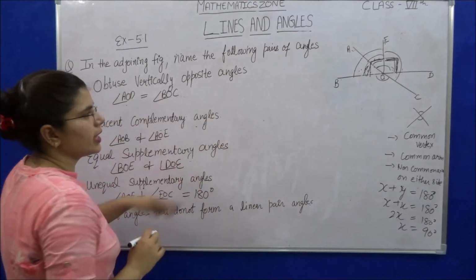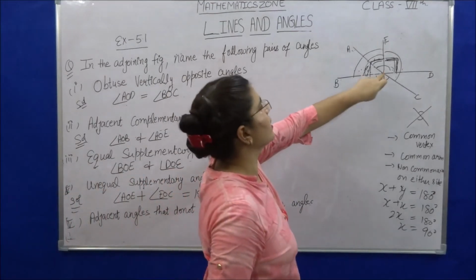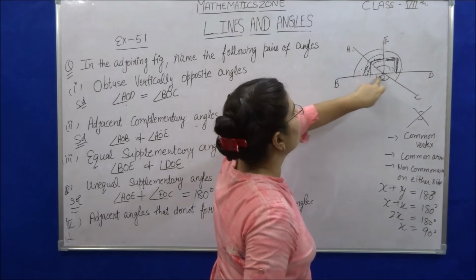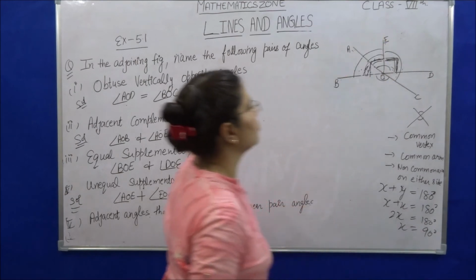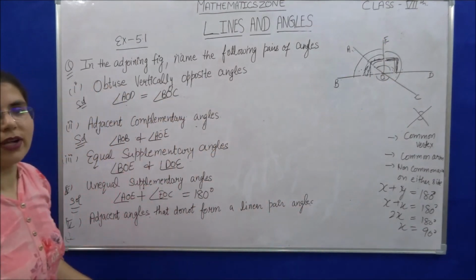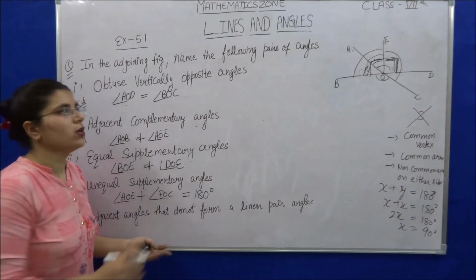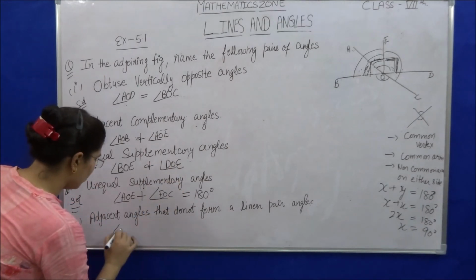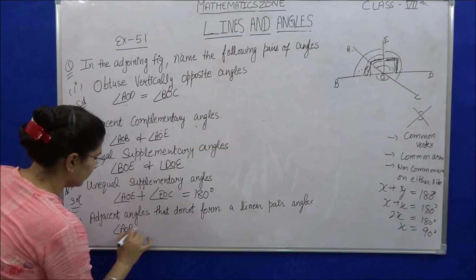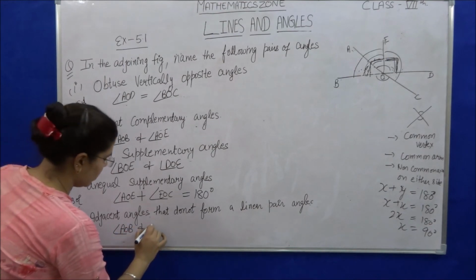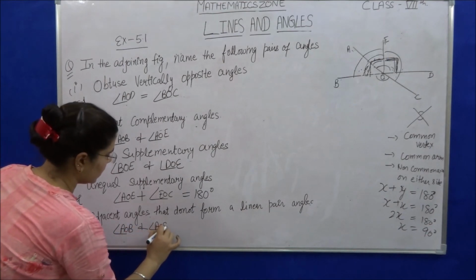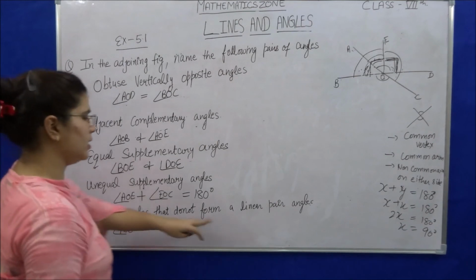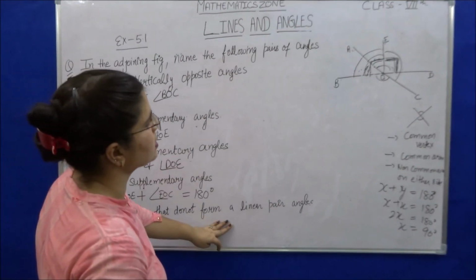These are adjacent angles because O is a common vertex, OA is a common line, BO and OE are non-common lines, so all the conditions of adjacent angles are satisfied. So angle AOB and angle AOE are adjacent angles that do not form a linear pair.